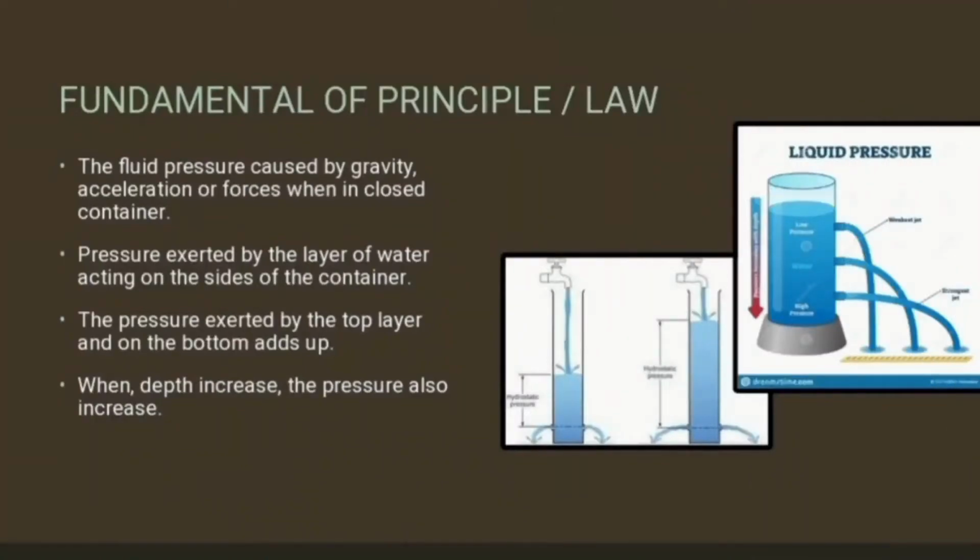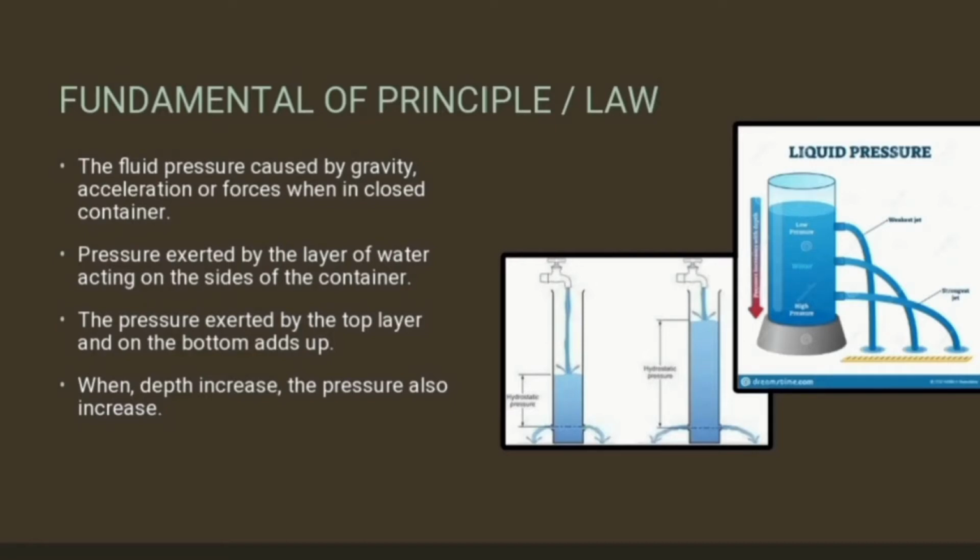In hydrostatic pressure, the fluid pressure can be caused by the gravitational acceleration force when in a closed container. Consider a layer of water from the top of the container. There is a pressure exerted by the layer of water acting on the side of the container.